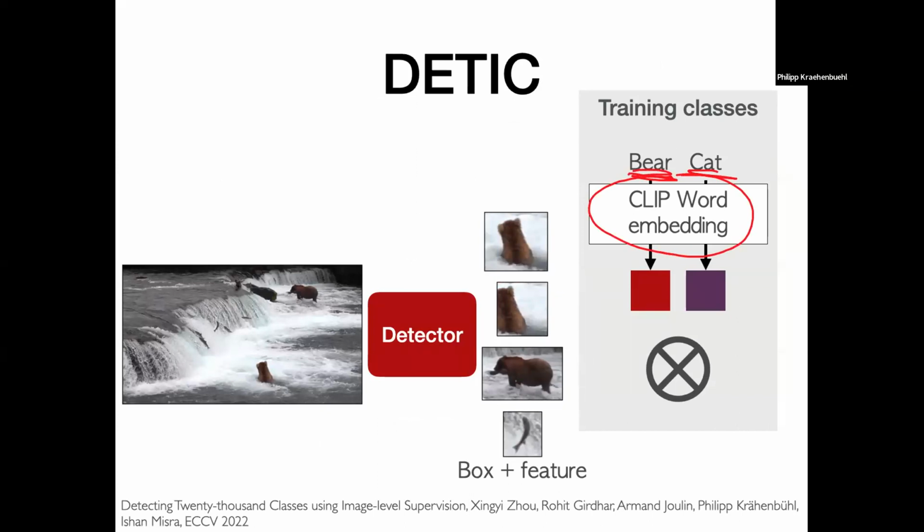Now, we don't use the CLIP image encoder. It works quite well for full images, but using it for a detector has some issues, and it's much better to just train a detector from scratch. So we train a detector from scratch, and the only thing we do is replace the feature vectors we have for categories with word embeddings of categories.